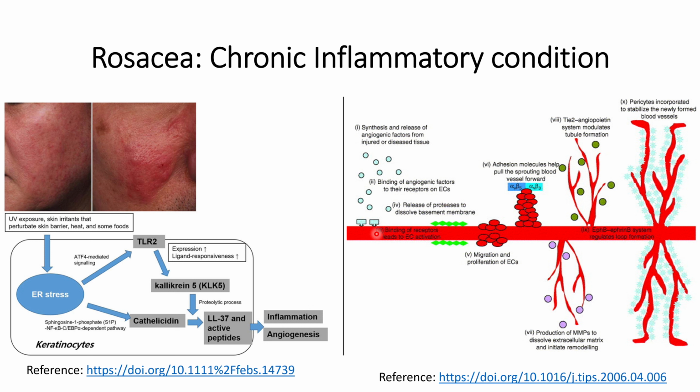After that, the binding of receptors to the endothelial cell will activate the endothelial cells, and after activation the proteases will be released, and the angiogenic factors will be released from the membrane and will dissolve it.